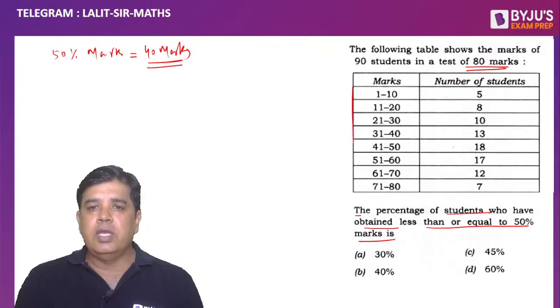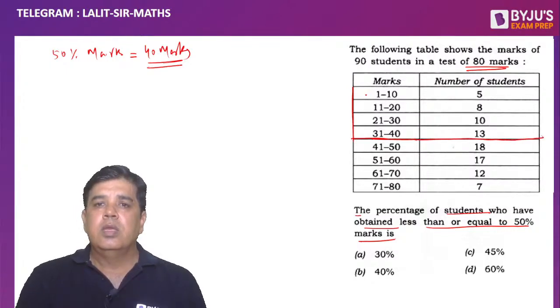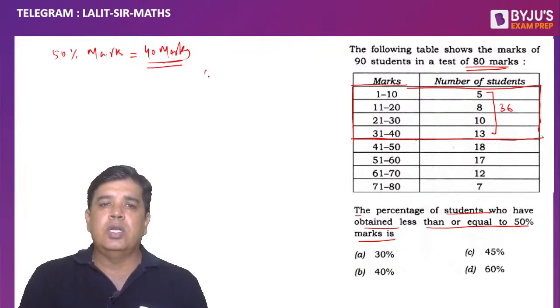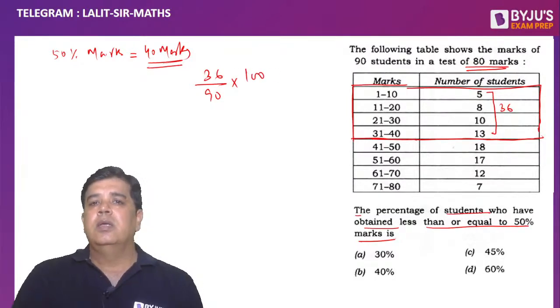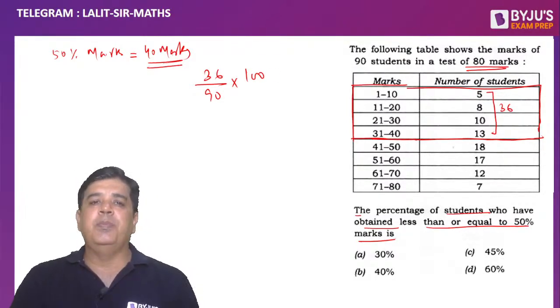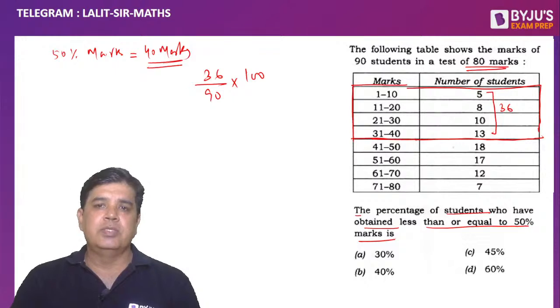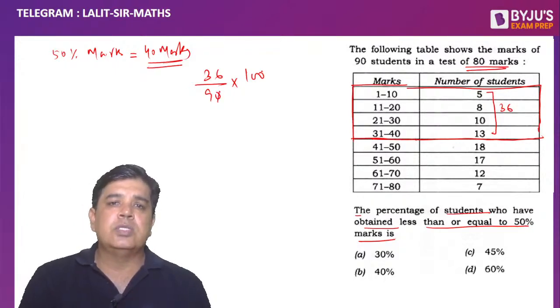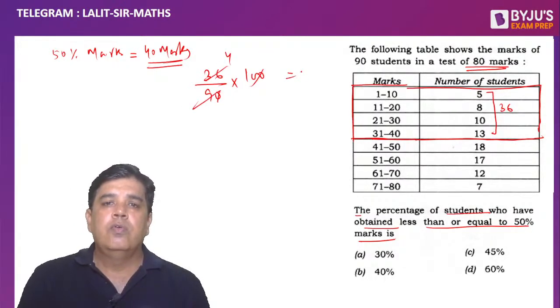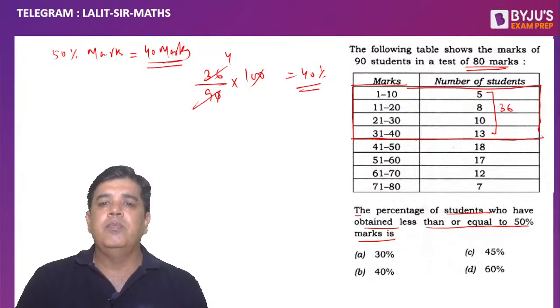So we are looking for the students who have got marks less than or equal to 40, means this block. This total is 36. So 36 students out of 90 got marks less than or equal to 50%, right? So this accounts to 40% of the total candidates. Answer is B part.